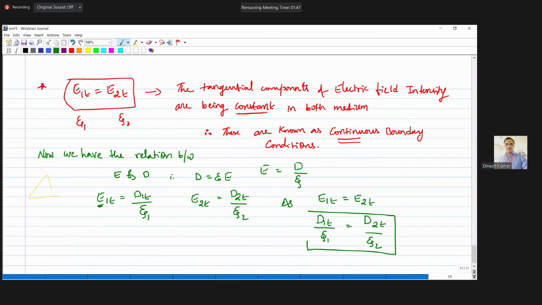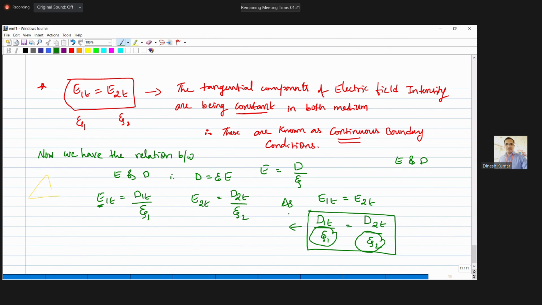I told you now we have to do the analysis for E and D. So here I am writing the conclusion for both the mediums. See here, the tangential components of electric flux density depend on the epsilon values of the dielectric medium.